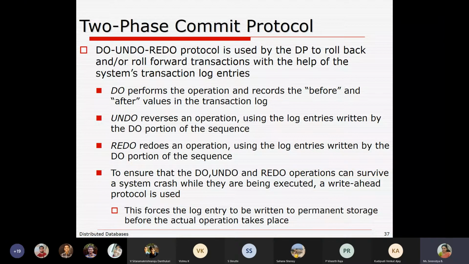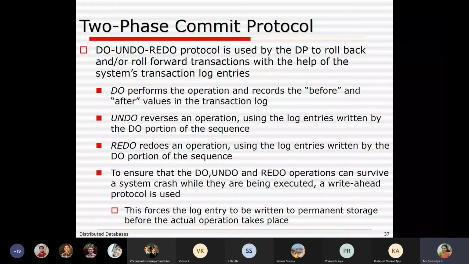What it does is, before performing the operations, you make the log entry and then go for the actual operation. Now, what is the benefit of it? Simple, because you are worried about the state of the data. The state of the data is changed only after its log has been written.